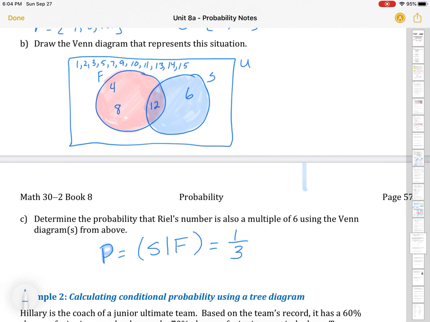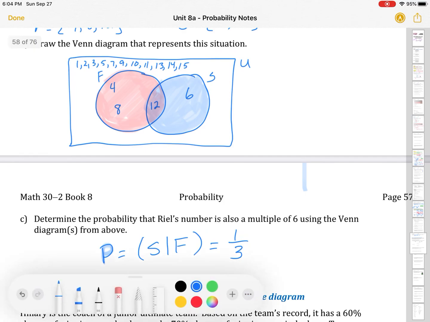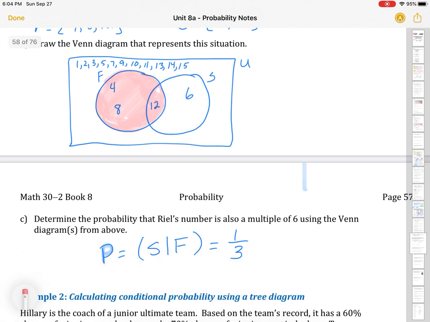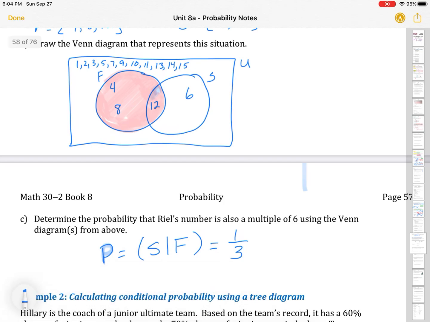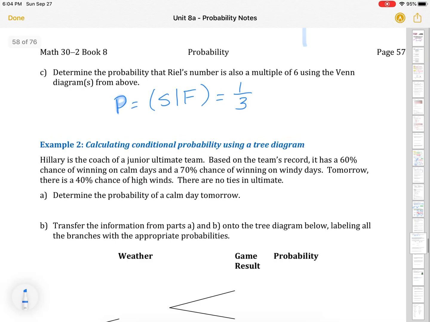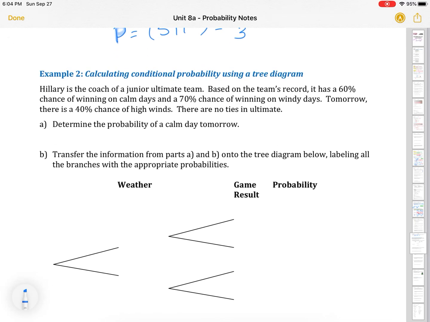Because there is only one multiple of 6 that is also a multiple of 4. So if we're thinking about it, we only care about what's in the red. And the blue is just going to be our number of positive answers. Okay? So we can use that Venn diagram to help us sort out our probability. Let's do some more examples.